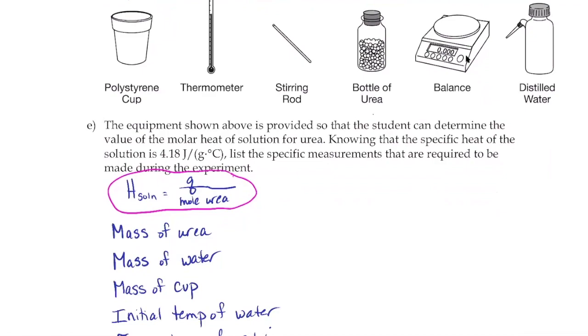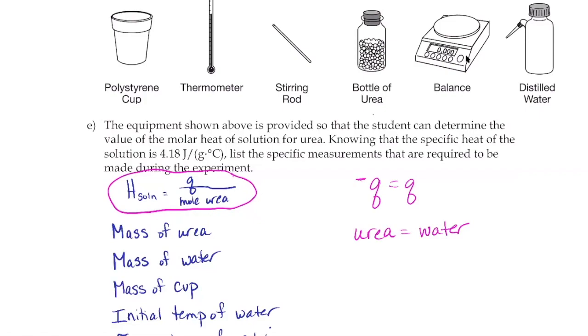We know that energy is always conserved, so the heat lost by the urea is going to be the heat gained by the water. You might remember this Q equals negative Q situation: whatever heat transfer takes place, if urea is absorbing something, it's equal to whatever the water lost, vice versa, right?